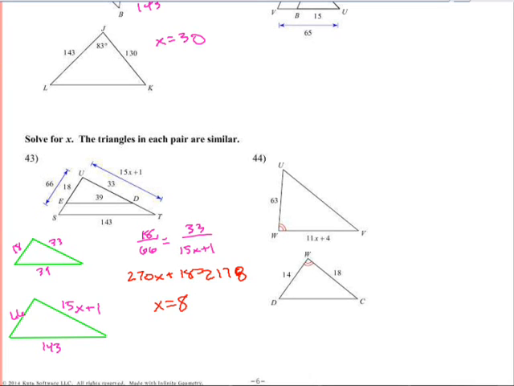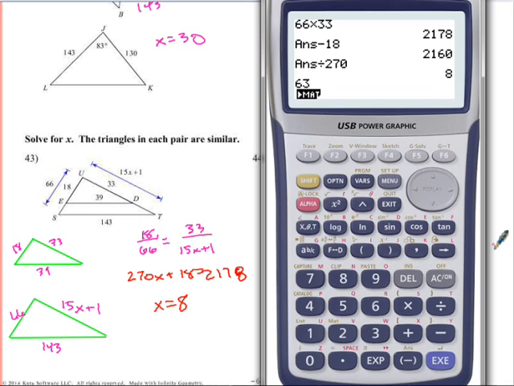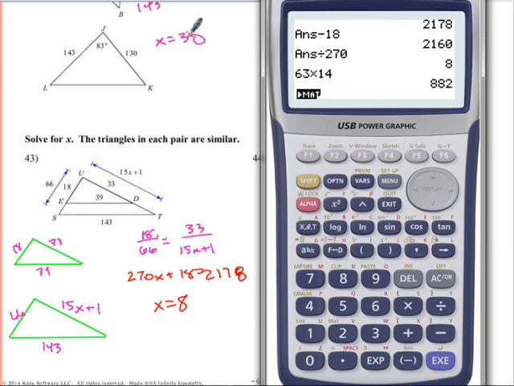Nice and neat. Okay, and then lastly, this one over here, these are similar, so 63 and 11x plus 4. And then if we were to rotate this triangle, we would see that the 11x plus 4 goes with the 14. So 14 there and 18 here. And when we cross multiply, 63 times 14 is 882.